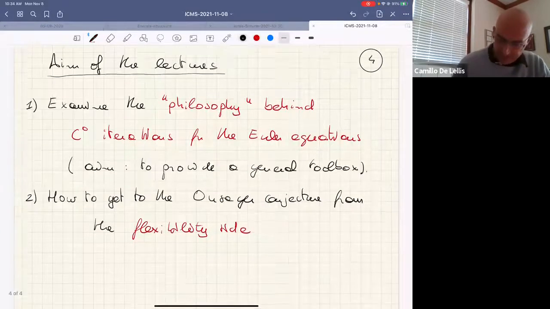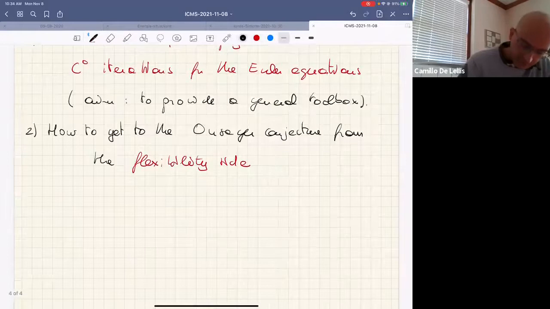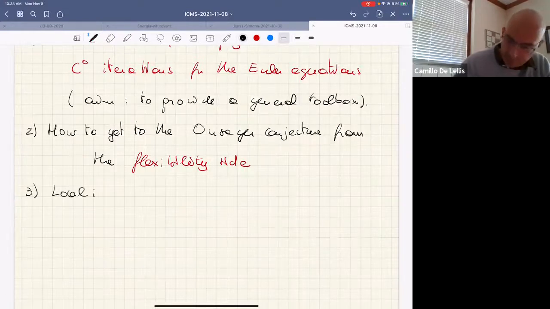And then finally, I actually want to illustrate what happens when you get to the local energy inequality and why we're stuck.